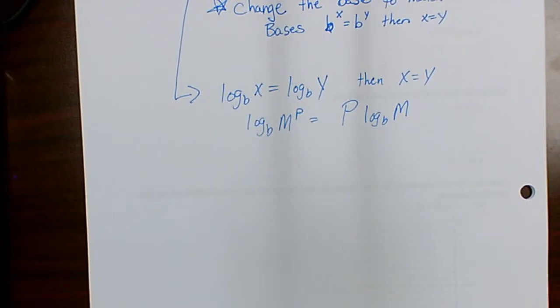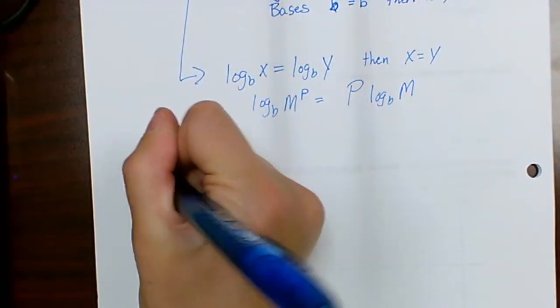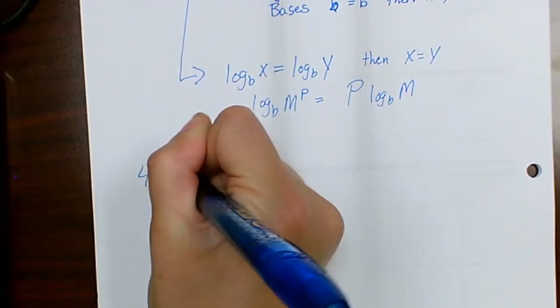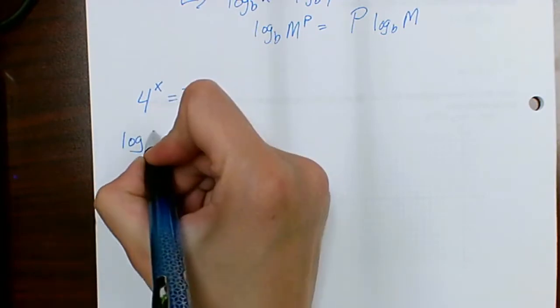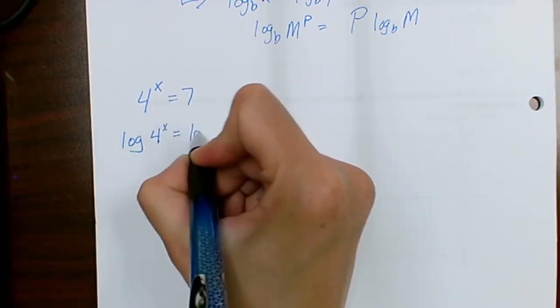So let's go ahead and look at one example. 4 to the x equals 7. Well, this one's not right away like, oh, it's 2. 4 squared is not 7, you know, which is incorrect. So we need to take x off of its high horse of the power. So what we need to do is log both sides.